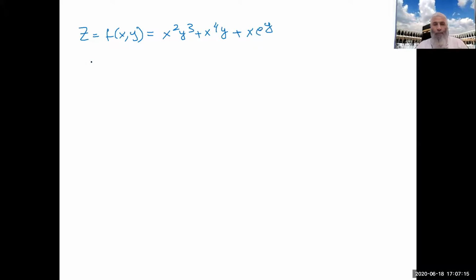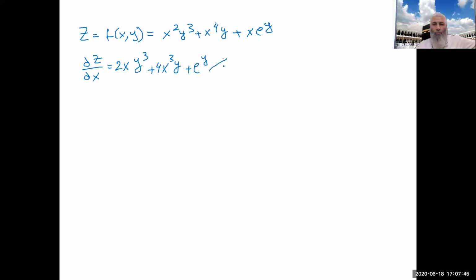So dz dx, this is the first derivative, is what? It's 2x y cubed, plus 4x cubed y, plus e^y, e to the power y.